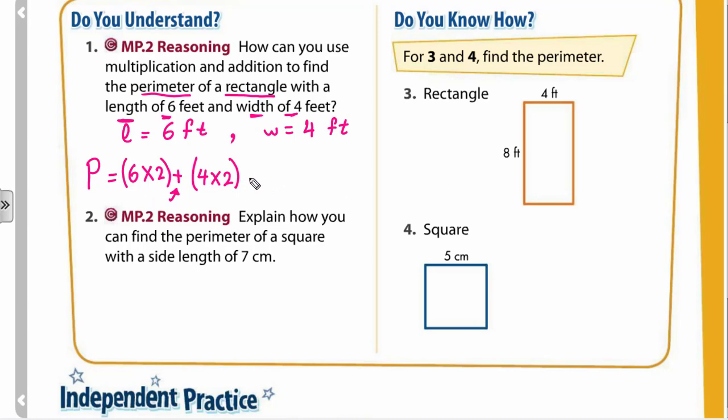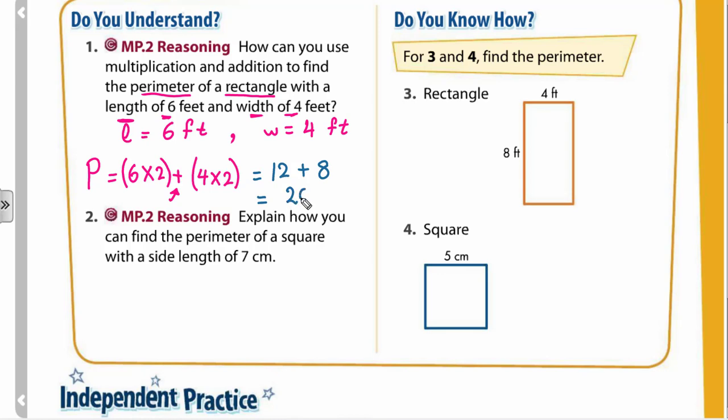Okay, let's do it. You said 6 times 2 equals? 12. And 4 times 2 equals? 8. Okay, so the final answer, 12 plus 8 equals? After the 12: 13, 14, 15, 16, 17, 18, 19, 20.